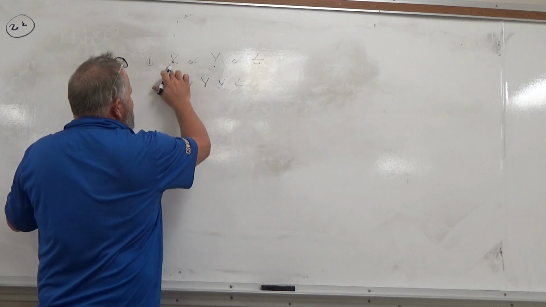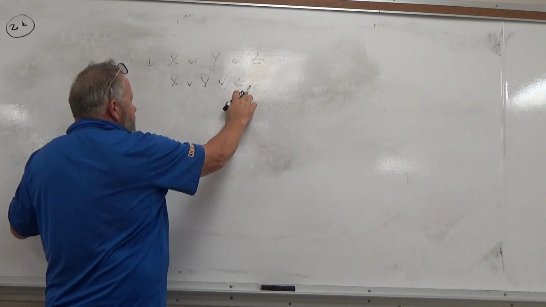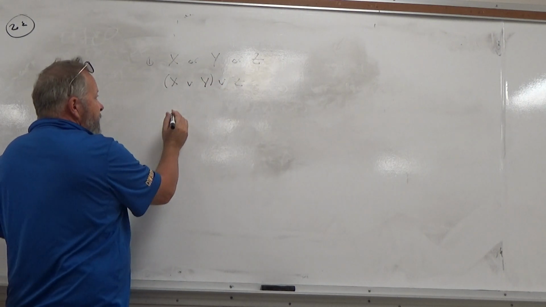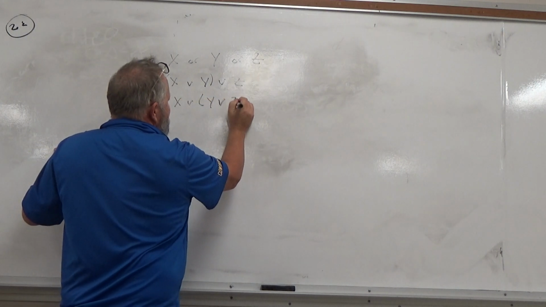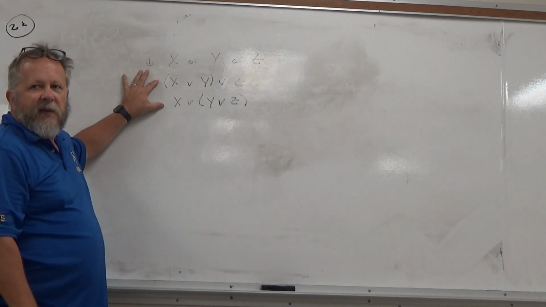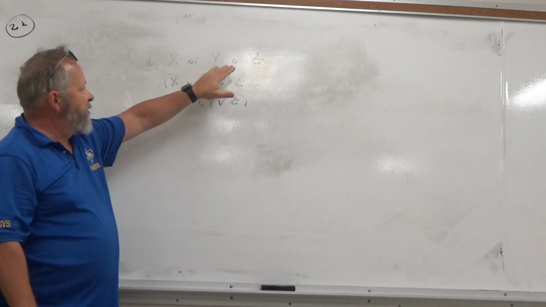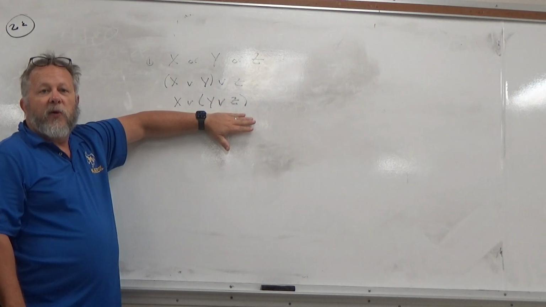So this would not be a well-formed formula. You're going to arbitrarily put in some parentheses. You can put them in there, and now it's sensible, or you could put them in here and it's sensible, and these two things mean the same thing. Does everybody understand this? So if I had a string of disjunctions, I could arbitrarily put in parentheses to make it a well-formed formula.